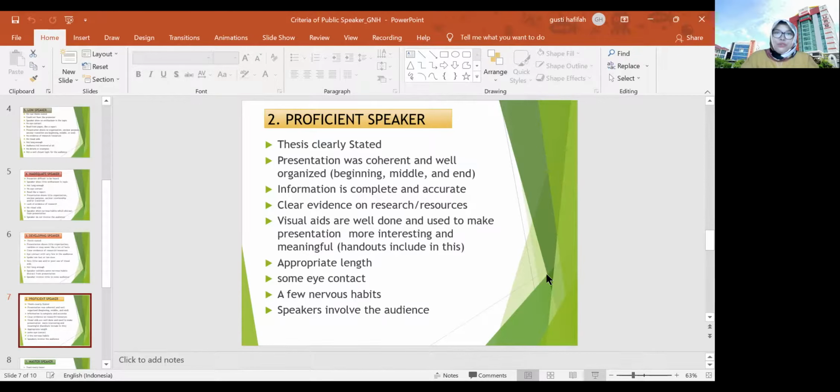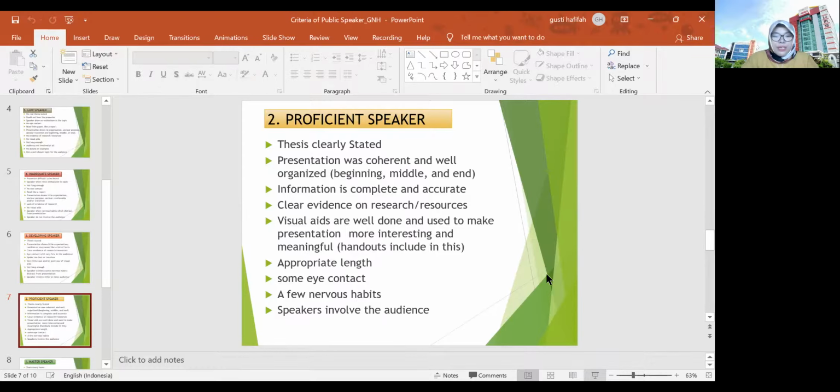If you are later on presenting or doing a role as a storyteller, you can use a puppet, you can use a drawing, you can use a doll, anything that will support your presentation as a storyteller. And the proficient speaker will speak in appropriate length. So not too short and not too long.